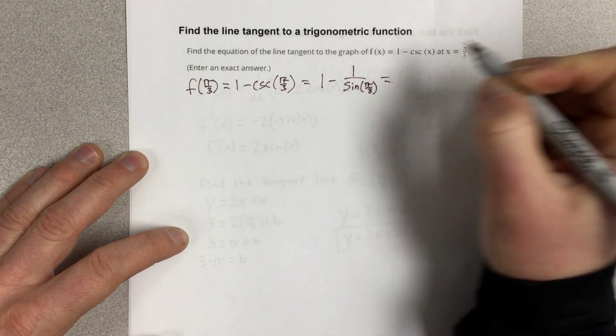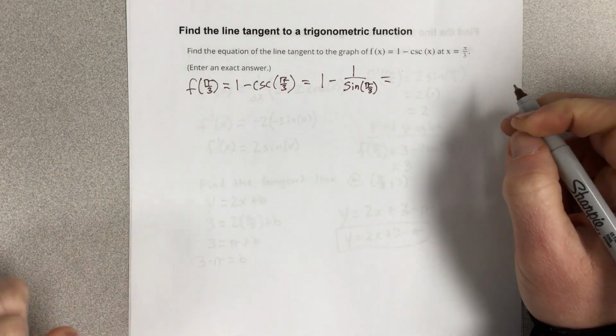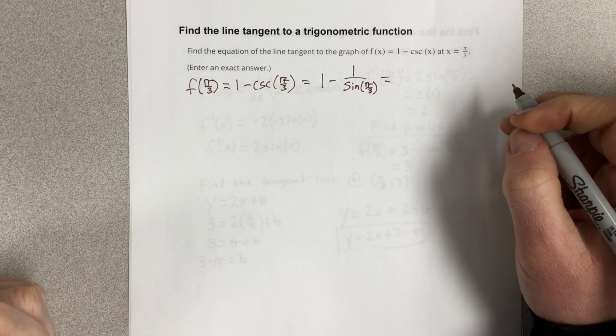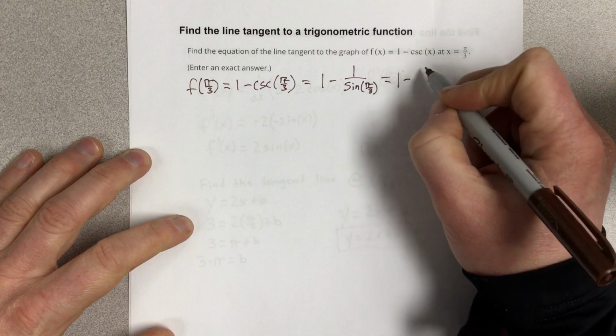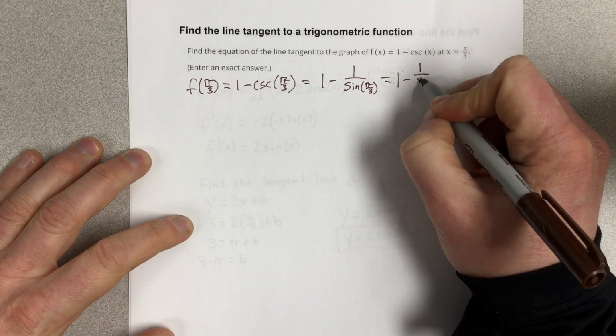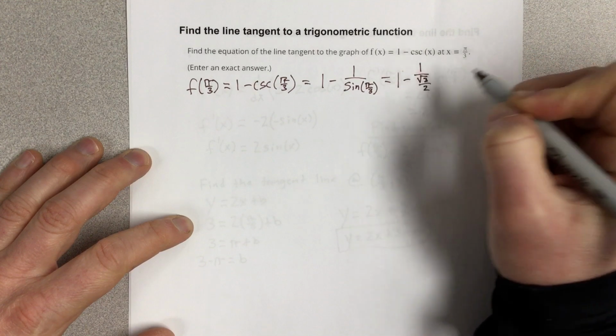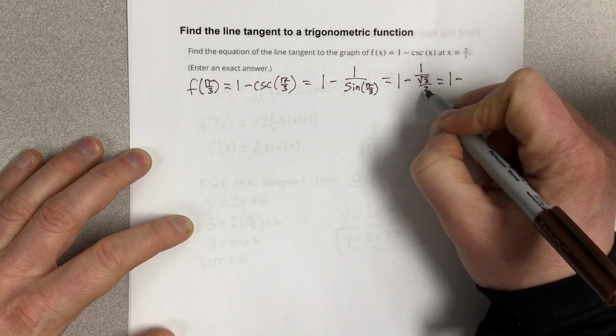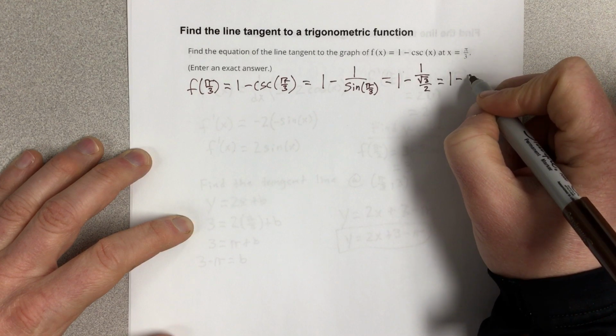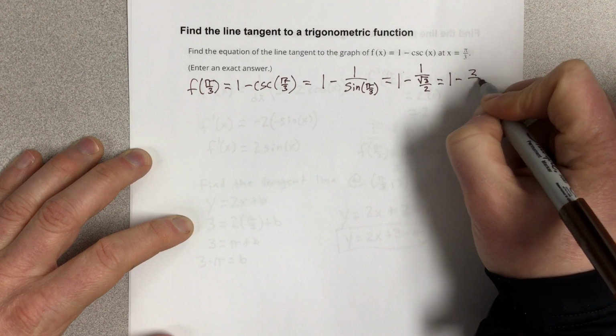And I know that sine of pi over 3 is going to be root 3 over 2. So I'm going to write that as 1 minus 1 over root 3 over 2, which is really just 1 minus, if I take the reciprocal of that and multiply it times the top, I get 1 minus 2 over root 3.